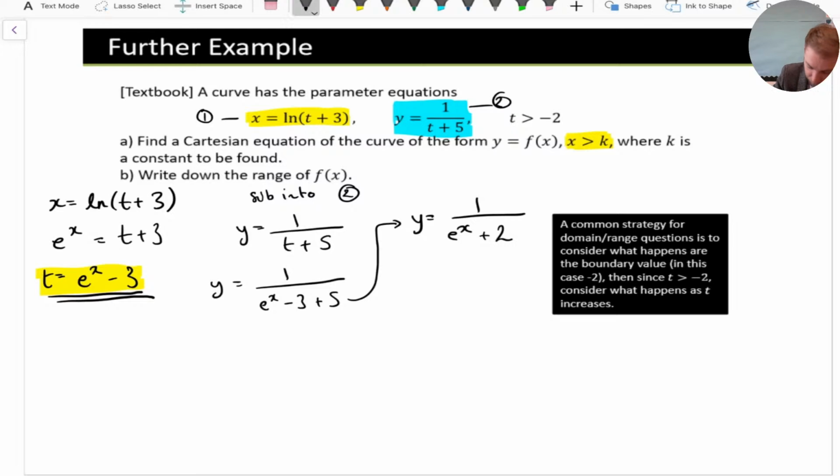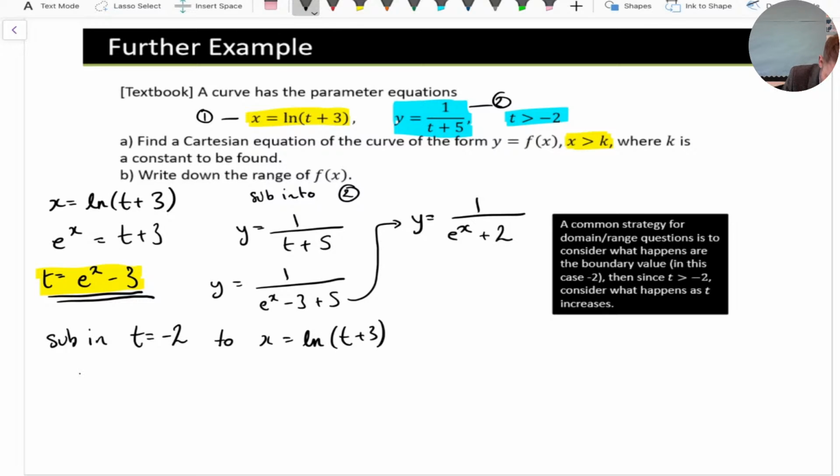So let's substitute in our boundary for t, when t is greater than -2. Because we're dealing with domain, we're going to be subbing it into the yellow highlighted one, which is x is equal to ln of t plus 3.